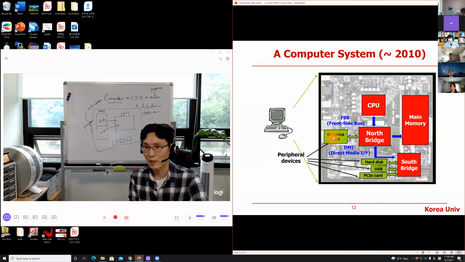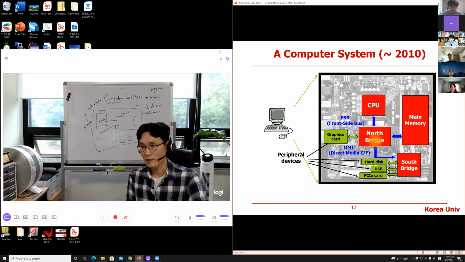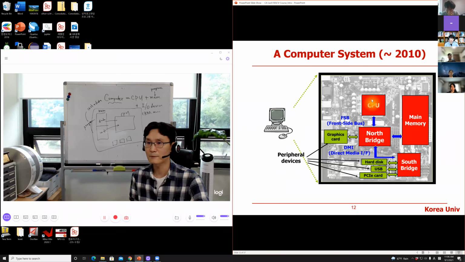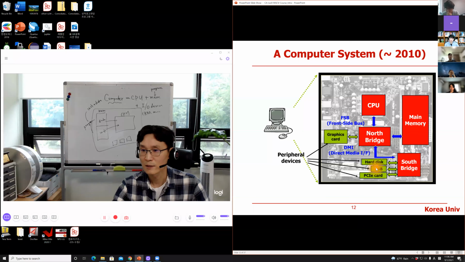CPU to I/O devices, CPU to graphics card, CPU to hard disk, CPU to USB, CPU to PCI Express, and so on. Very complex, but you can just ignore this chipset. North and South bridge are called the chipset, but you can ignore these two. So again, a computer is CPU, memory, and all I/O devices.